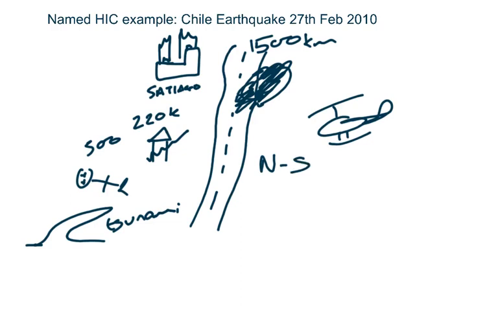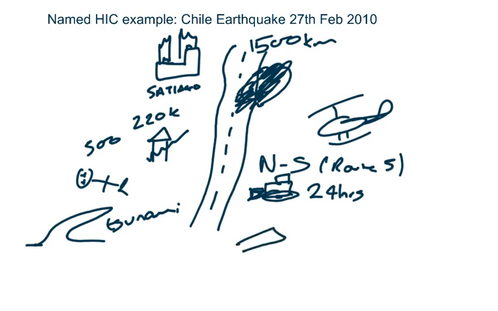This main north-south route, what was called Route 5 in the country, took only 24 hours for them, with their resources, to clear and get that route open, meaning aid could be transported to areas from the main cities and from the stockpiles that they had within the country. Shops were able to reopen and give out essential supplies, things like bread, things like water for people who'd lost it. All of those essential supplies could be given quite quickly.